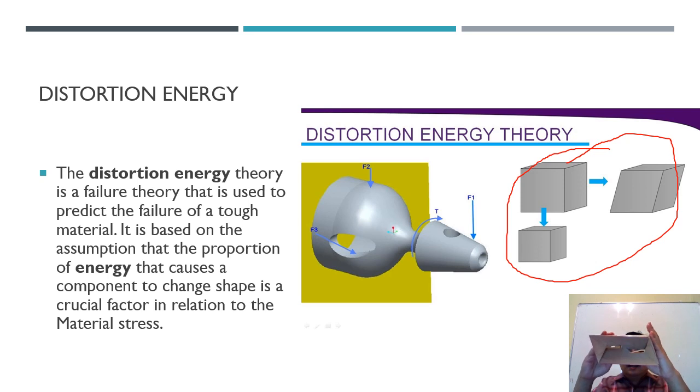So the statement is based on the proportion of energy that causes the component to change: when I put the force gradually, slow and steady, it distorts. This is what it means.